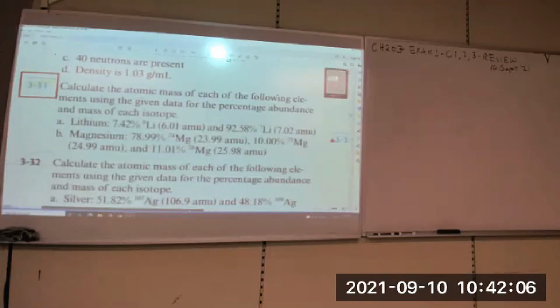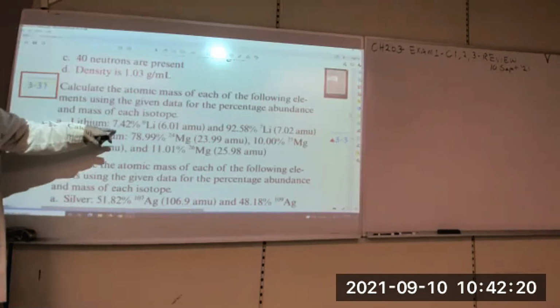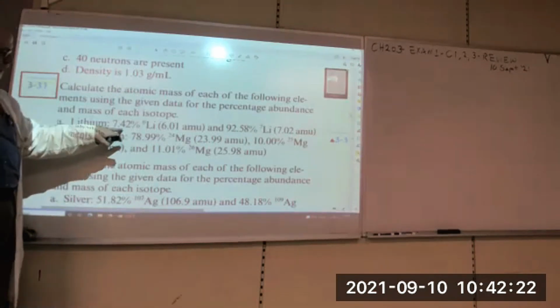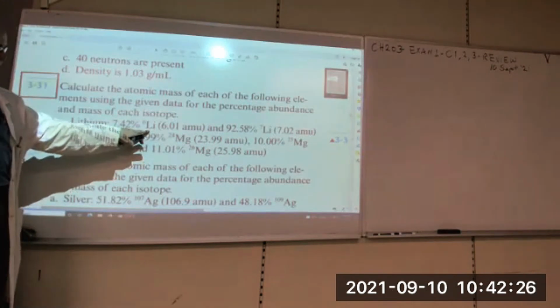This determines the atomic weight of a naturally occurring element when given composition information for the isotopes. So for this first one, we know that the analysis tells us that there is 7.42% of the lithium-6 isotope.